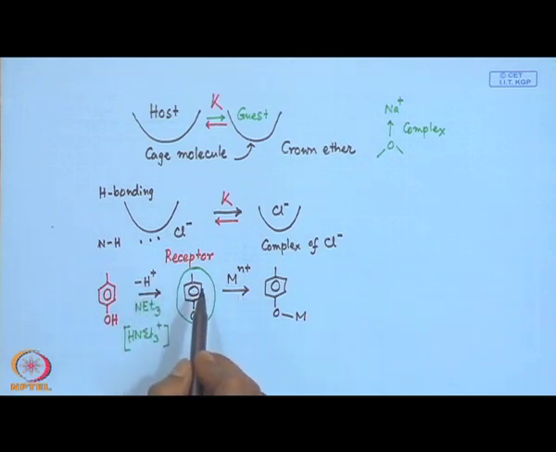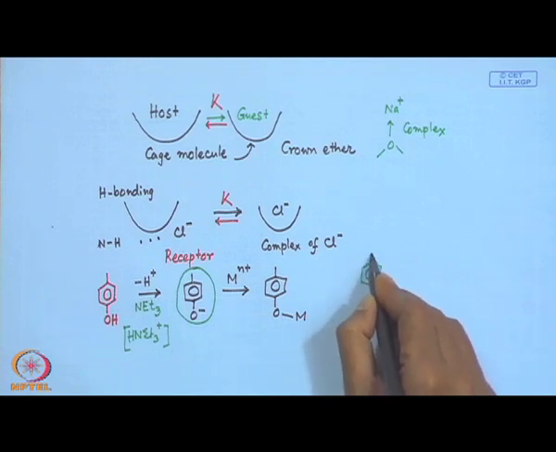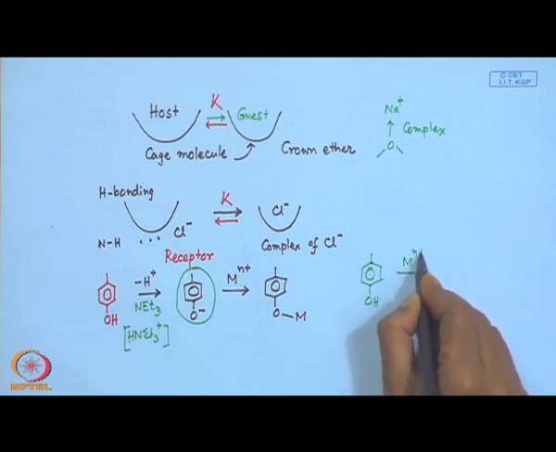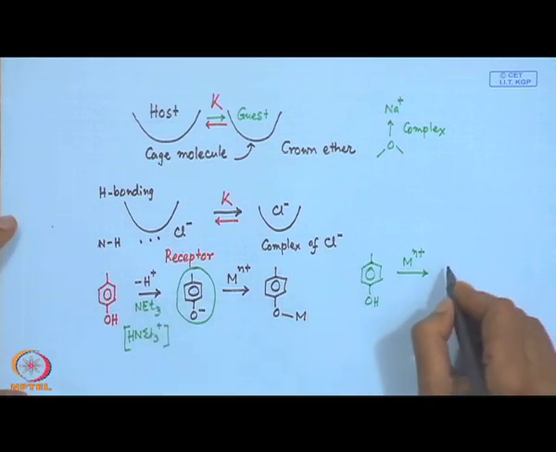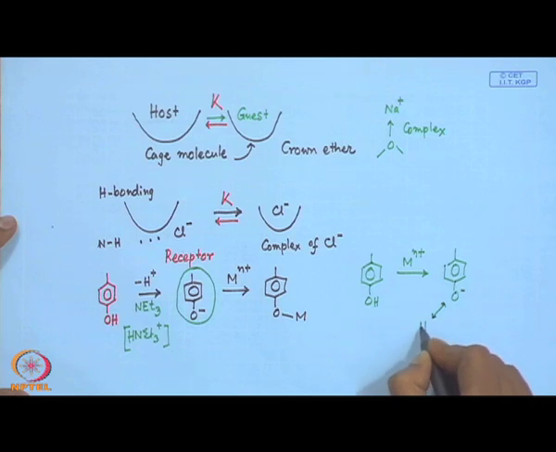But otherwise, when we simply add the ligand to the metal ion, that means if we use the phenol unit with M^n+ without the first step, the removal of the H+, then we will find that this O- can have some binding tendency to H+ or to M^n+.